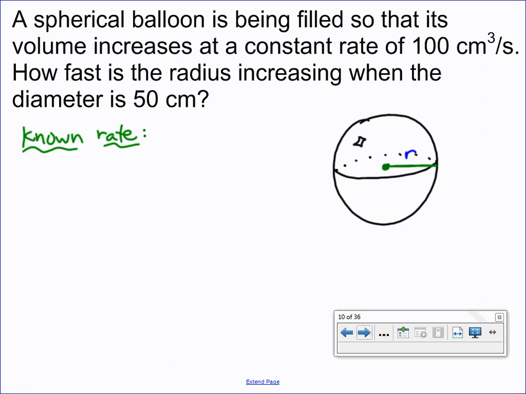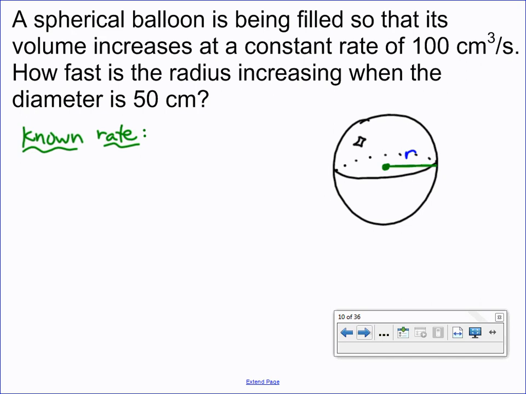So what's our known rate, based on the spherical balloon? Well, it's being filled at a constant rate. What quantity would that be? Riley? Yeah, centimeters. What's changing? Yeah, the volume. And how can I use Leibniz notation to write that as a rate?